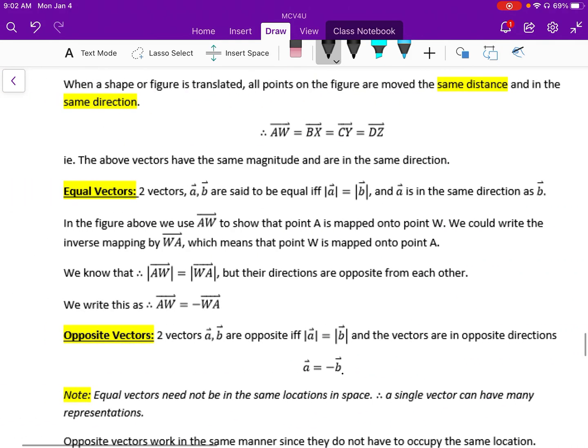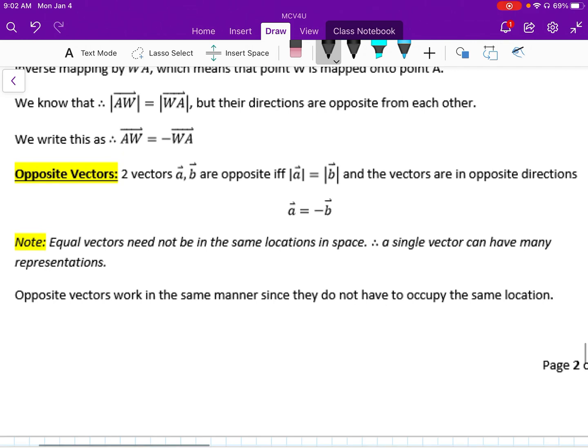And you can read that through the same way with opposite vectors here. So again, at any time, if you need to go back and take a look at it, you have the ability to pause, rewind, go forward at your own pace. Now, here's the neat thing that we did.